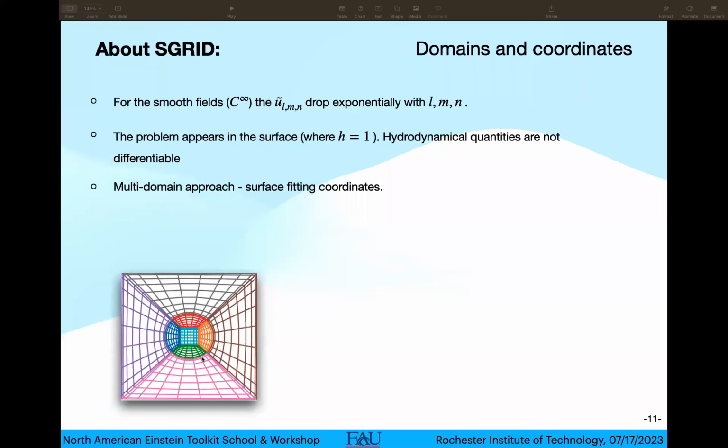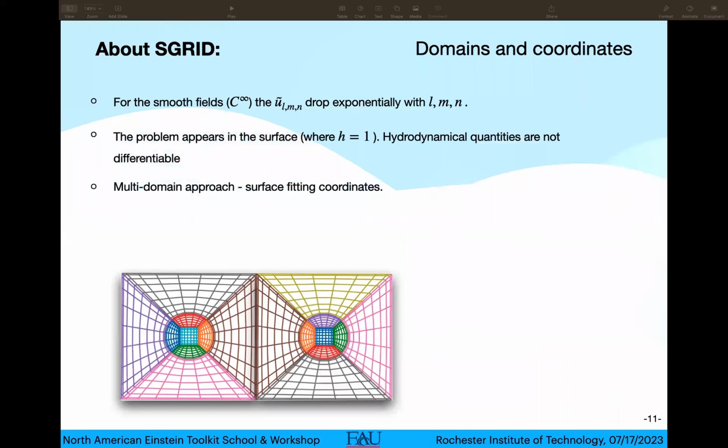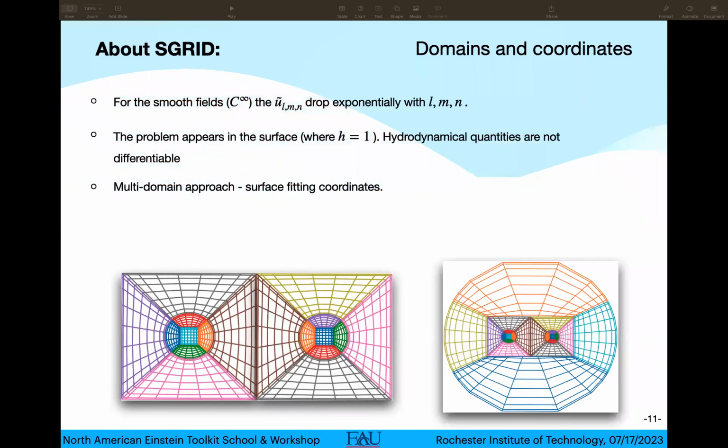We can divide the region where there's a neutron star and the rest of the space. Of course, there's another star just next to this, and now we have a big picture. There are two stars and there's a numerical grid far away from the center of the system, far away from the binaries.